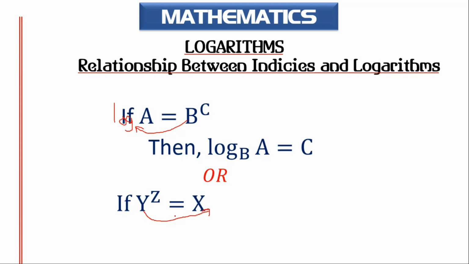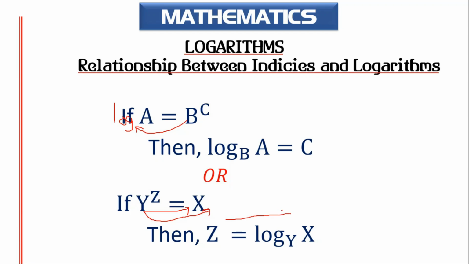Y becomes the base, and then you have log x to base y equals z. So otherwise, we can call it z equals log x to base y. And don't forget, as you are moving in this direction, you can also move in this direction as the situation demands and requires.